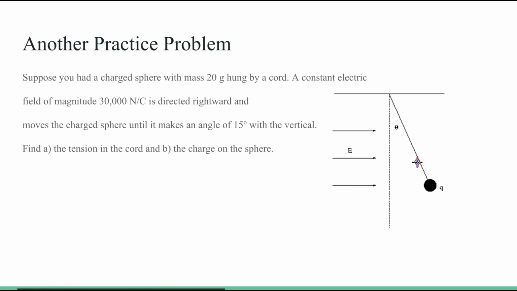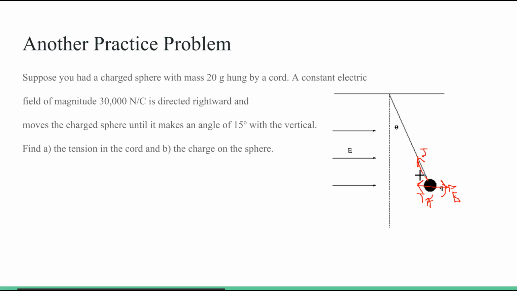Okay, so if we want to find Tx, you already know the tension right over here. I'm not going to bother drawing the y components. We're done with that. So if you want to find Tx, since this is an equilibrium, there must be something balancing out the Tx, and that is the electric force, Fe. So Tx must equal Fe in order for the object to be in equilibrium.